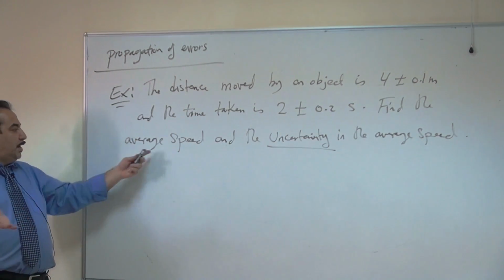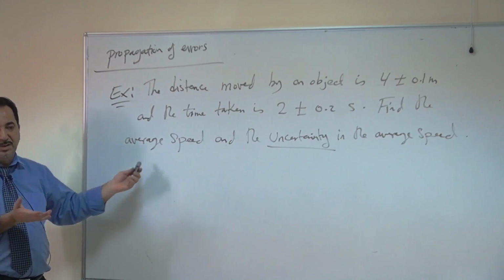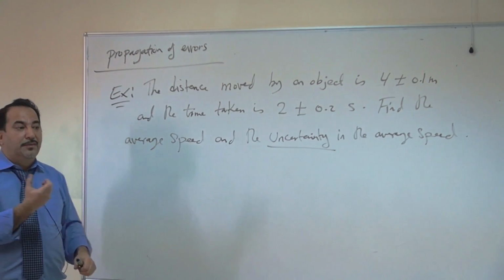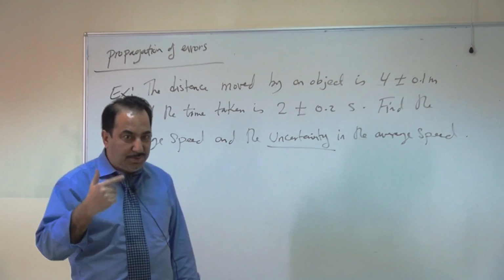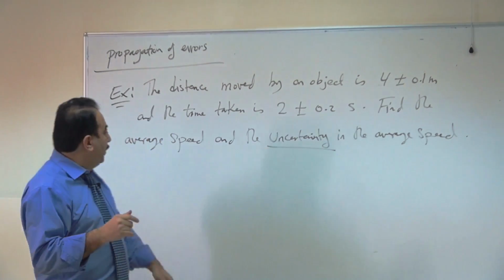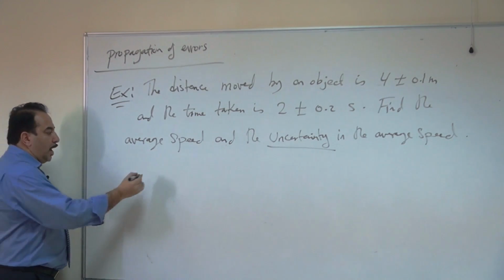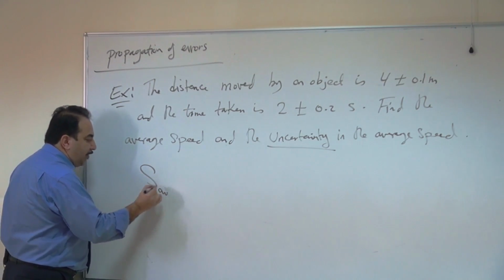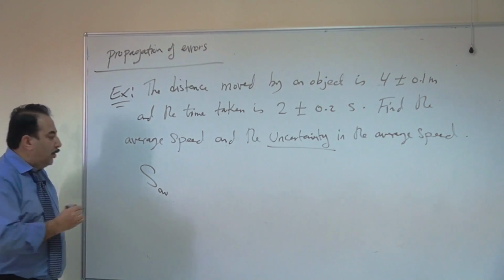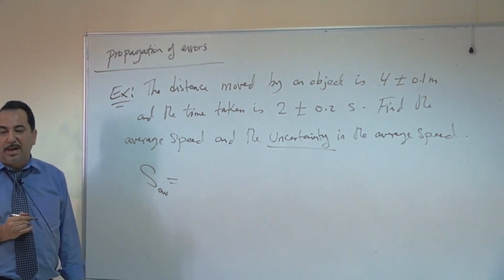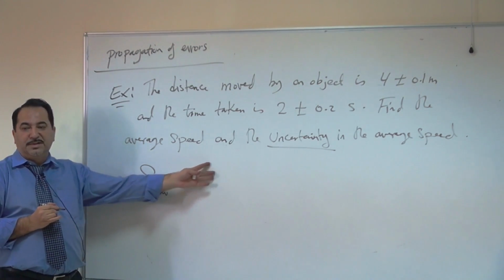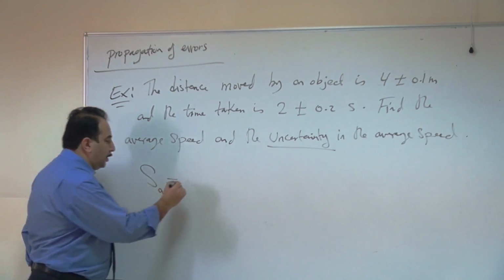Right. First part comes to the definition of, remember, to find uncertainties, you need propagations, you need a formula, yeah? Here we are talking about average speed, so we need the formula for average speed. I'll call it S average, AV. How do you find average speed? By dividing the distance over time.